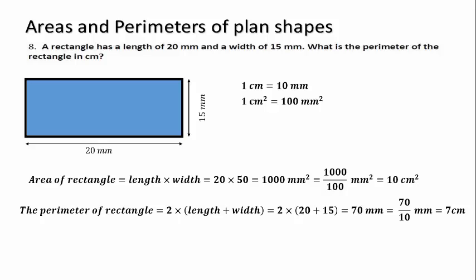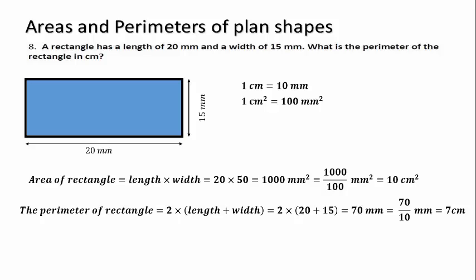To convert from centimeters to millimeters, from the greater to the smaller unit, we will multiply by 10. For square centimeters to square millimeters, we will multiply by 100. But for the inverse operation, we will divide by 10 in case of perimeters, and by 100 in case of area.